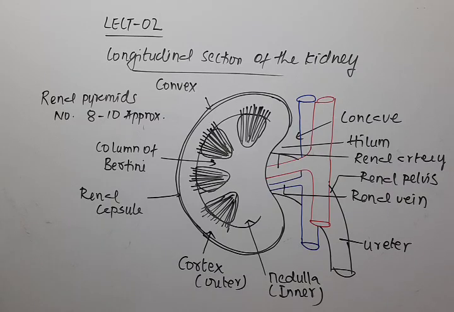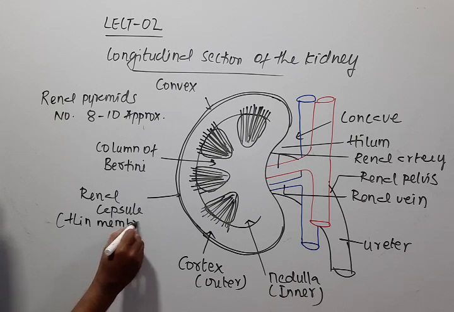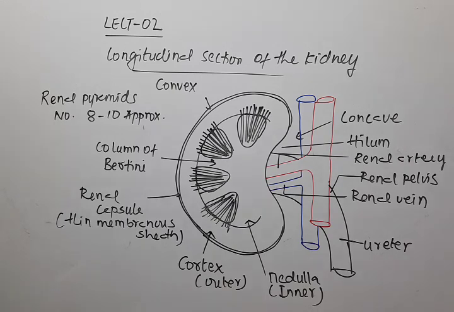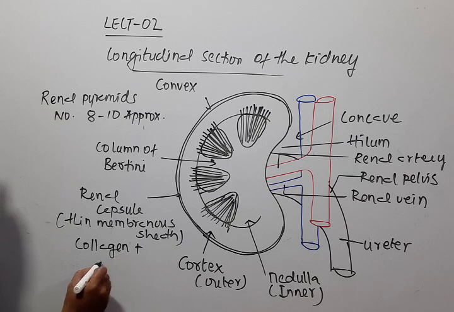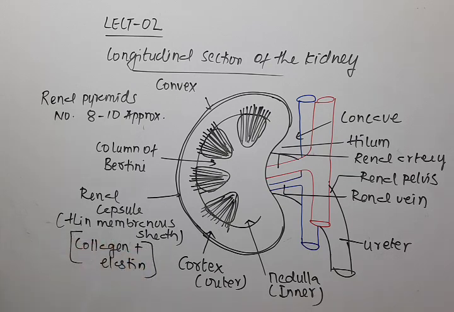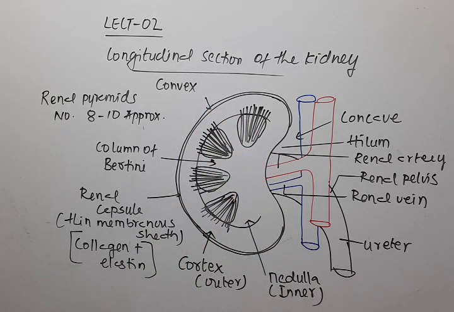This renal capsule is a thin membranous sheath, mainly composed of collagen and elastin, which are the substances present in this thin membranous sheath and help in protecting the inner tissues of the kidney. So that is the renal capsule that covers the kidney on its outer side.